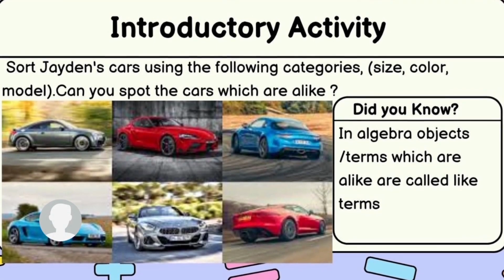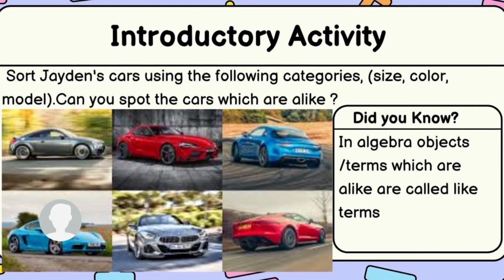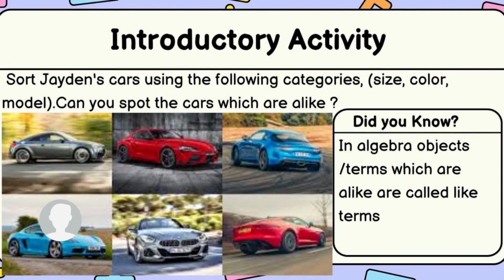Jaden's Car World will engage students in a fun activity where they will categorize cars based on their size, color, and model. Students will be reinforced with the concept of algebra, where they recognize that terms which are alike are called like terms.